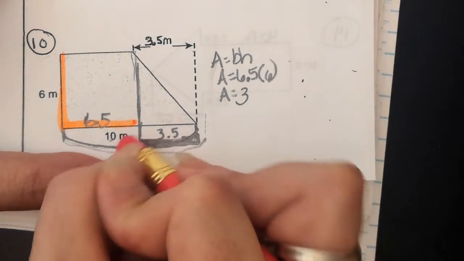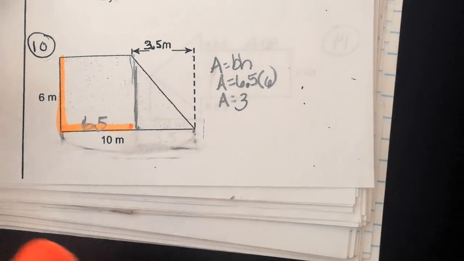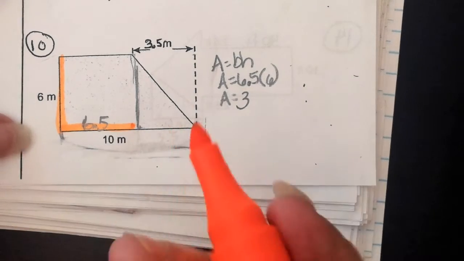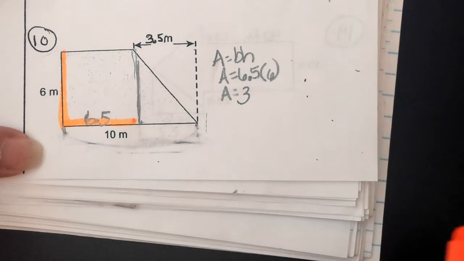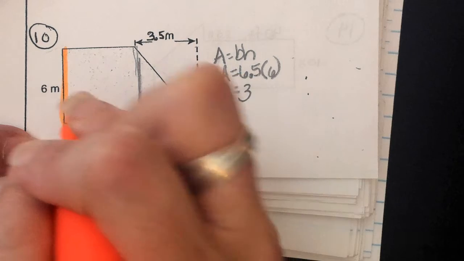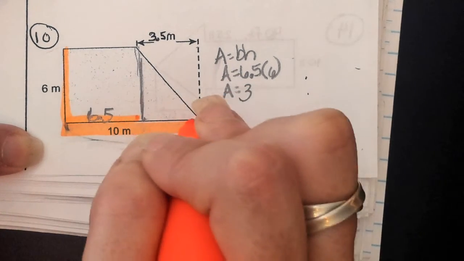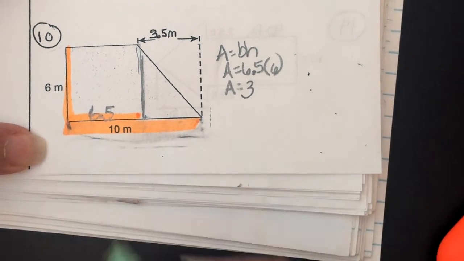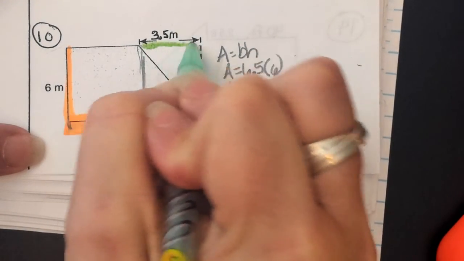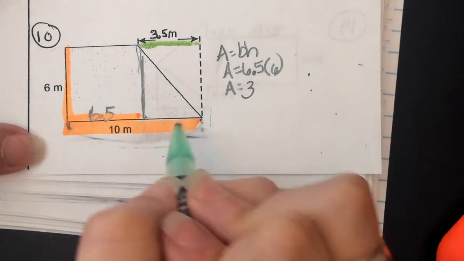I know I've drawn all over it, and that's not really helping. One second. Okay, let me try this. Let me do it this way. You ready? I'm going to try color. Okay, it is 10 from here to here. Do you agree? Now, how far is it from here to here? 3.5.